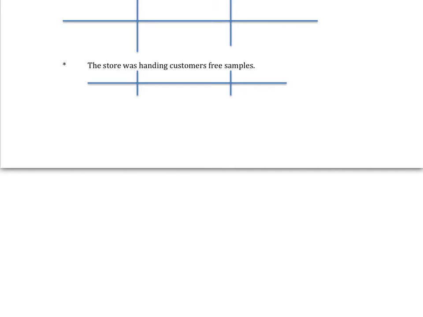Now that you've tried it yourself, I would start by crossing out prepositional phrases, which I don't see any. So the next thing I would do was look for my verb, which is was. I'm going to put it down here because I'm running out of room with my stylus. Handing. Handing is an action verb. Who was handing? The store is my subject. The store was handing.